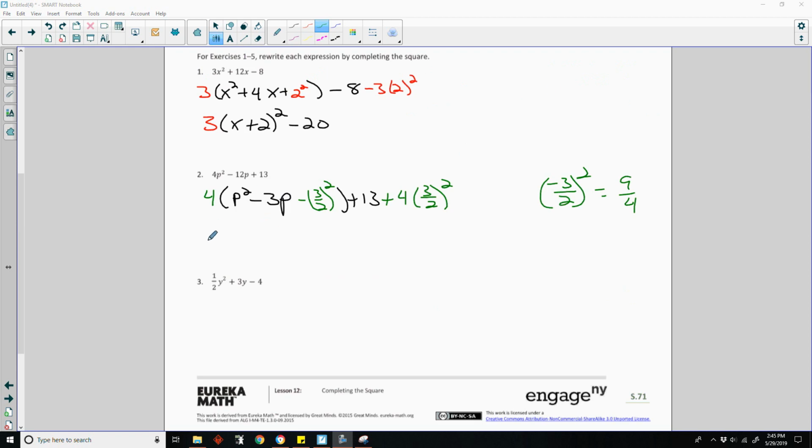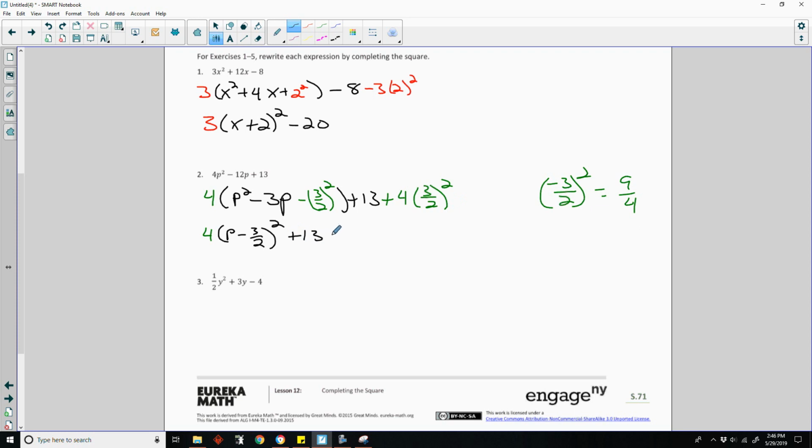Okay, so now we're going to have this 4 parentheses p minus 3 halves quantity squared. There's our perfect square. But we have plus 13 minus 4 times 3 halves squared. Well, 3 halves squared is 9 quarters. So let me just show this.